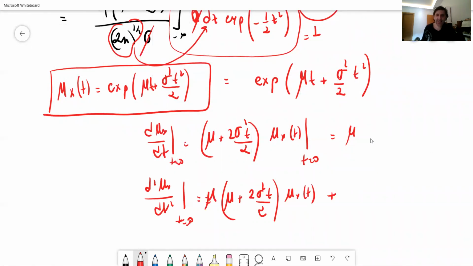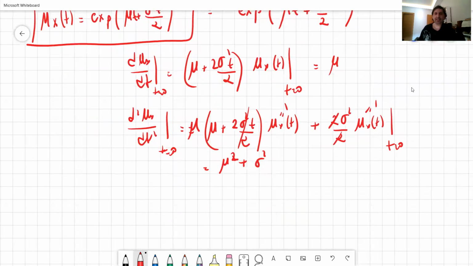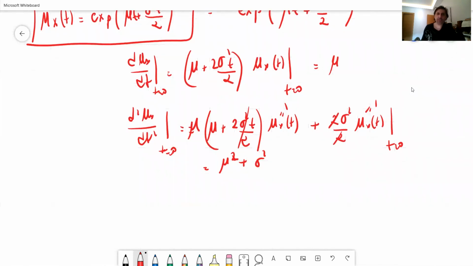And then considering that this term is constant, it's going to be 2 sigma square over 2 times the exponential, evaluated at t equal to 0. These will cancel. These are going to be equal to 1 here. This is going to cancel. So this is going to be mu square plus sigma square, which is the result that we need to find actually. So the second moment is equal to the distribution mean squared plus variance.